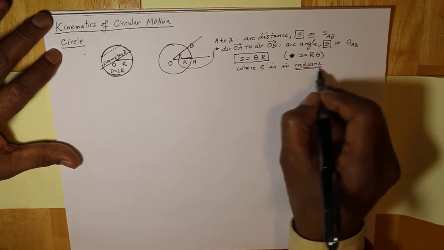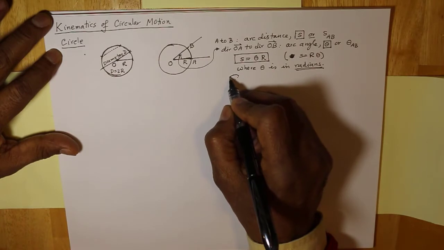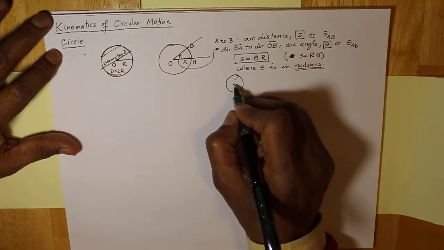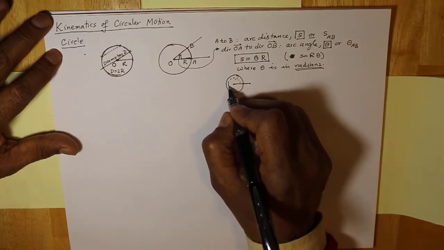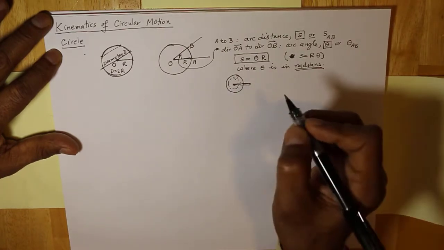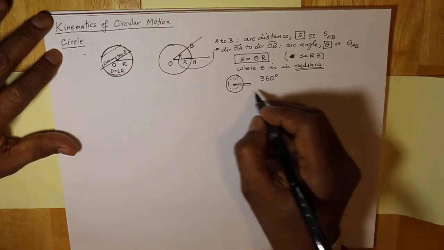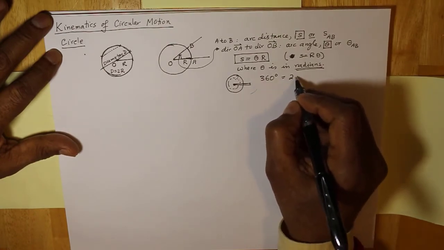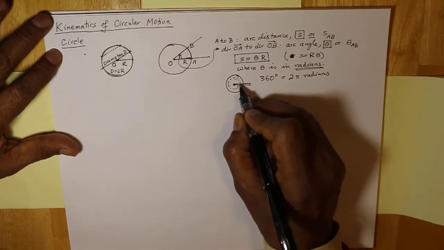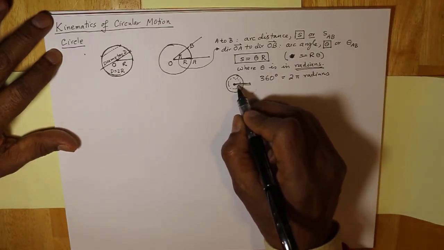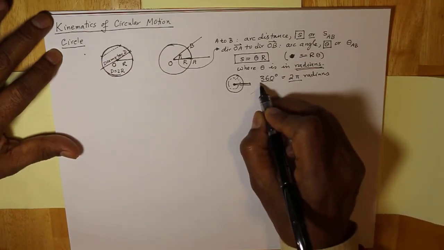So what's a radian? Well, if you go full around in a circle, back to the same direction, you would have gone 360 degrees. But in radian, you would go 2 pi radian. So the same rotation of this line will cover 360 degrees or 2 pi radians. So this is the conversion.